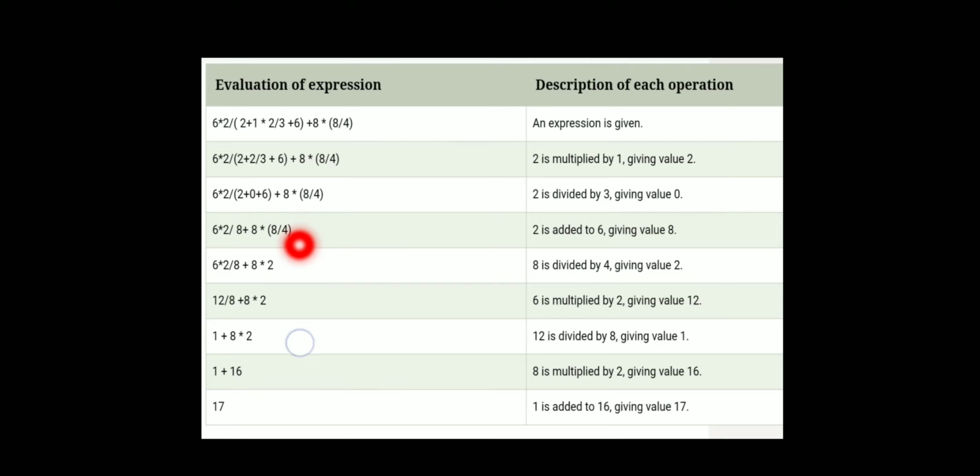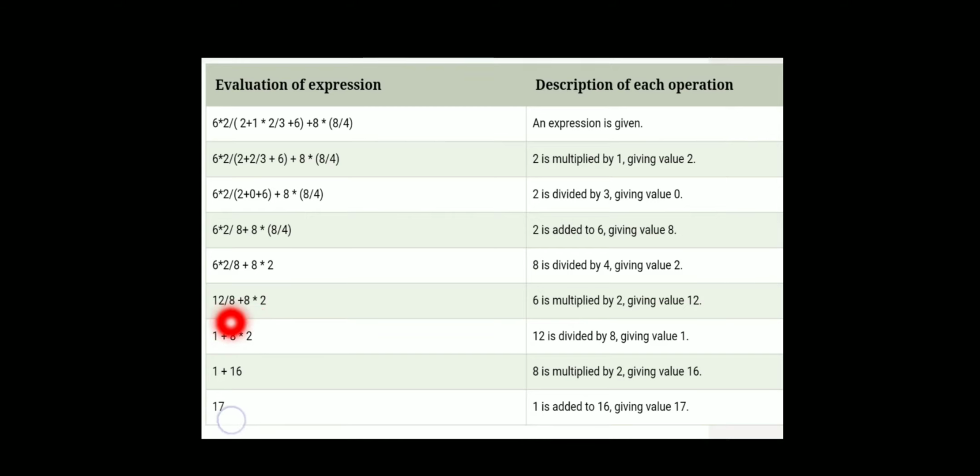Here, 6 into 2 divided by 8 plus 8 into 2. For this we have to: 6 is multiplied by 2, the answer is 12. Again, 12 divided by 8 plus 8 into 2, means again 12 is divided by 8.